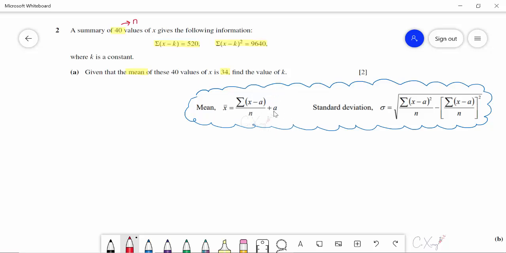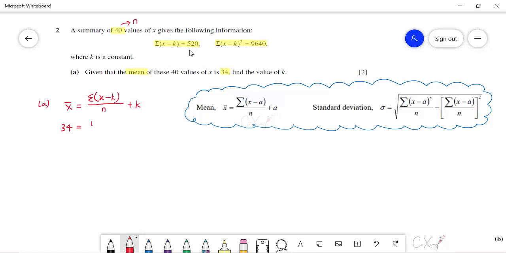Since the mean x is equals to summation of x minus k divided by n, then plus k. The mean of x is actually 34, given by the question. Also the summation of x minus k is actually 520.